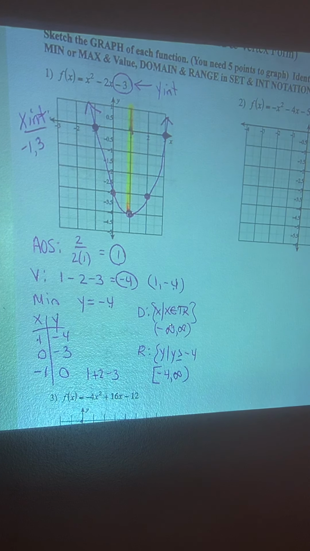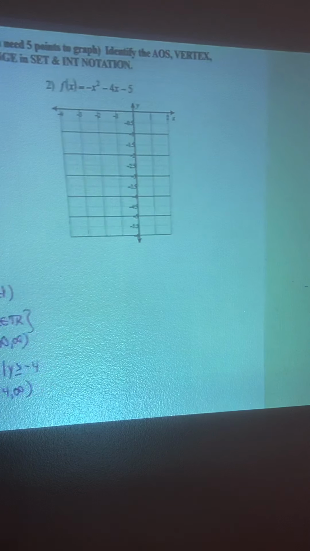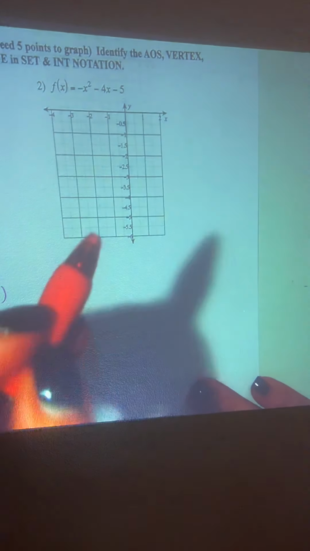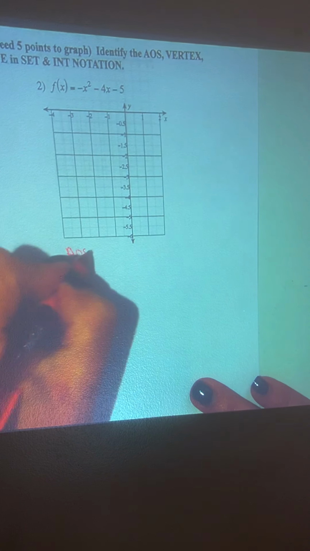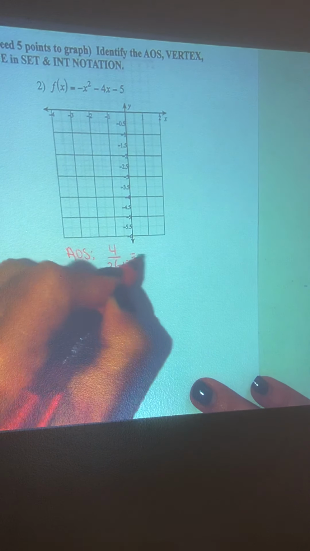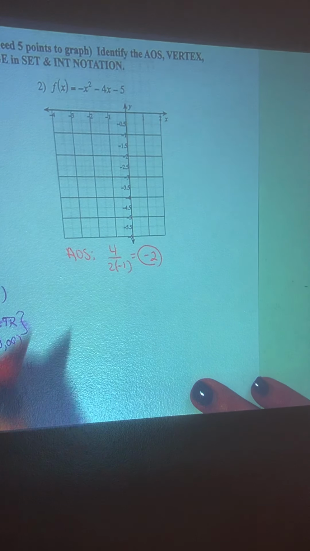Okay, next, let's go to number 2. Okay, negative b over 2a. Negative b, so that's 4 over 2 times negative 1, negative 2. Plug it back in.